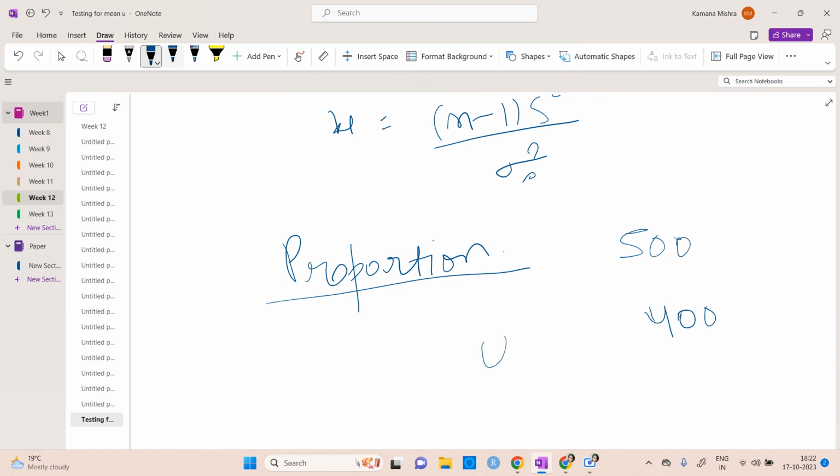So if you take 400 by 500, that will be a proportion, 4 by 5.